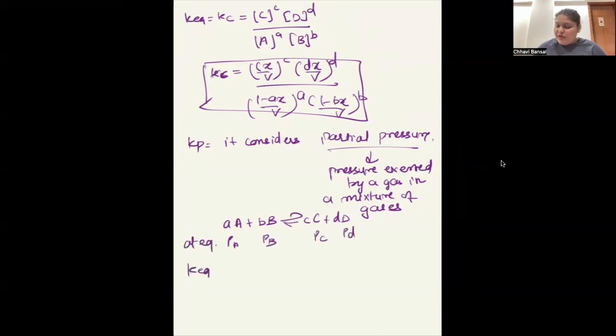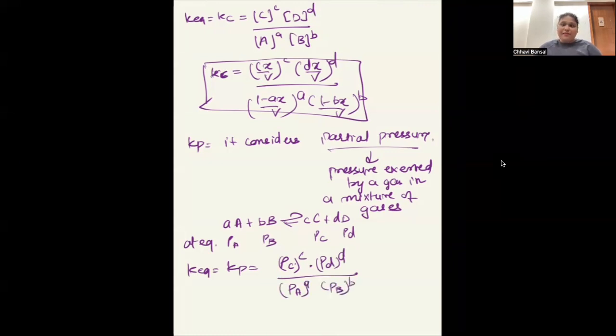So K equilibrium, which is Kp, will be equal to partial pressure of C raised to power c into partial pressure of D raised to power d, divided by partial pressure of A raised to power a and partial pressure of B raised to power b. So this is called Kp, or the equilibrium constant expressed in terms of partial pressure. Clear?